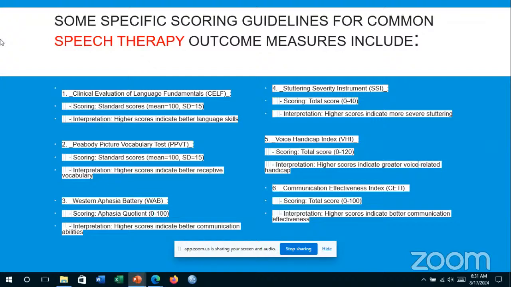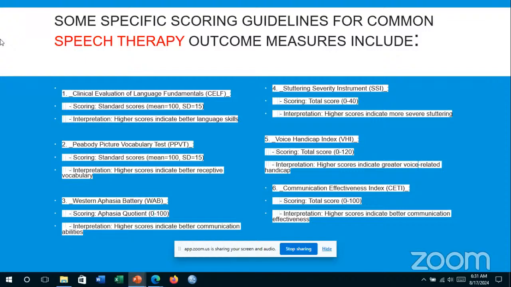So this one too, we check the standard score, and interpretation will indicate better receptive vocabulary. So Western Aphasia Battery, scoring aphasia quotient, it will show the scores of the communication ability. Those scores, strength, severity, instrument, all these are specific scoring guidelines in speech therapy practice.